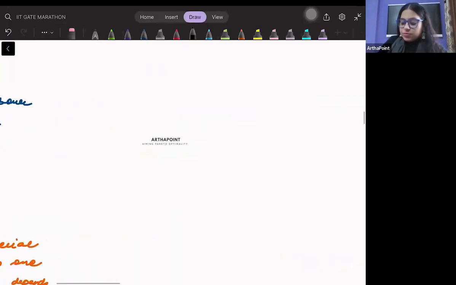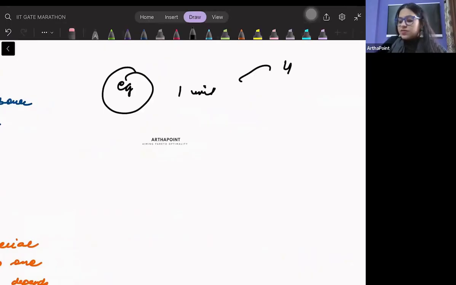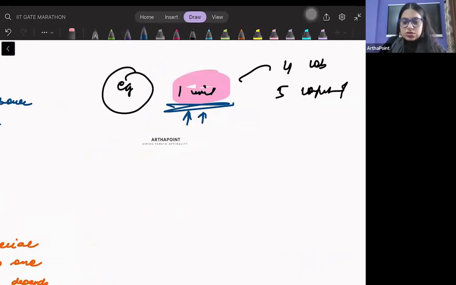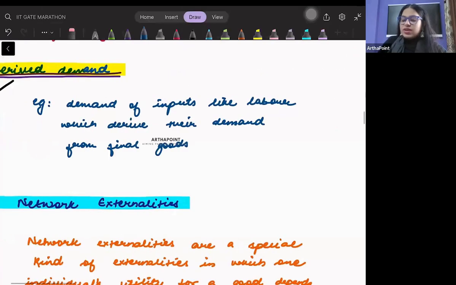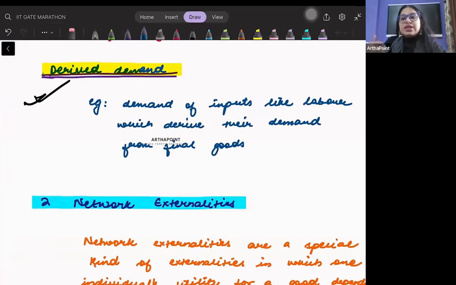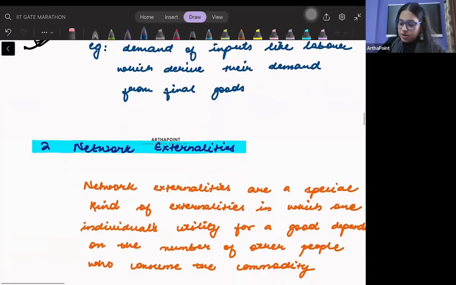If I tell you that 1 unit of the good requires 4 labor and 5 units of capital, and now I want to produce more of these goods, I will demand more labor and more capital. When I increase the demand of labor and capital, this is called derived demand. So increasing the demand of the raw material is derived demand.